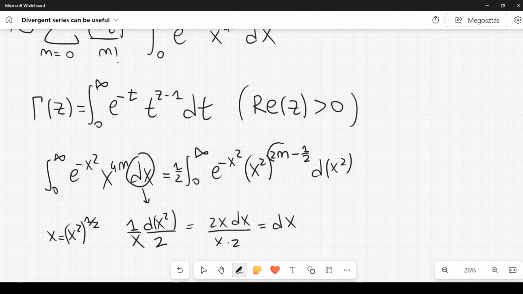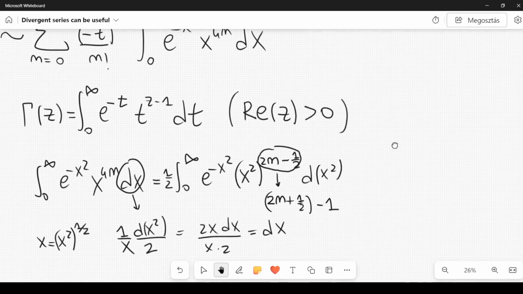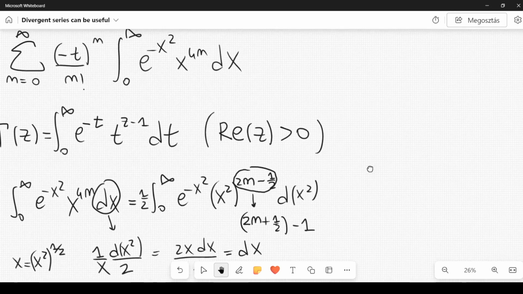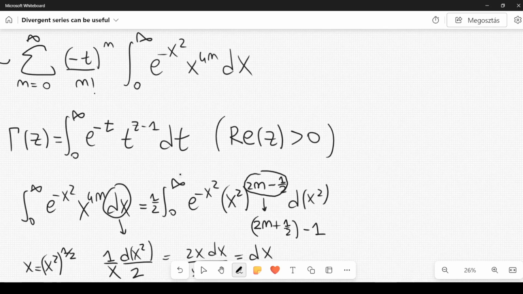Now we can rewrite this 2n minus 1/2 simply as 2n plus 1/2 minus 1. It's just a trick. But by doing so, you can see that I have written the integral in exactly the same form as you see here for the gamma function. So this will give us 1/2 gamma function of 2n plus 1/2.